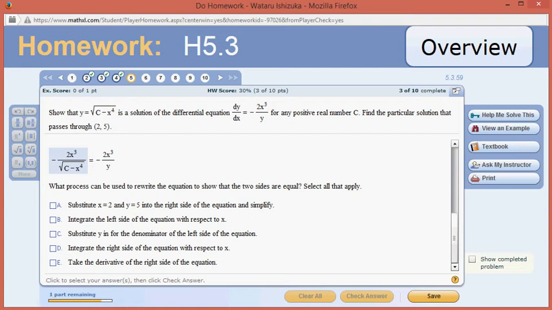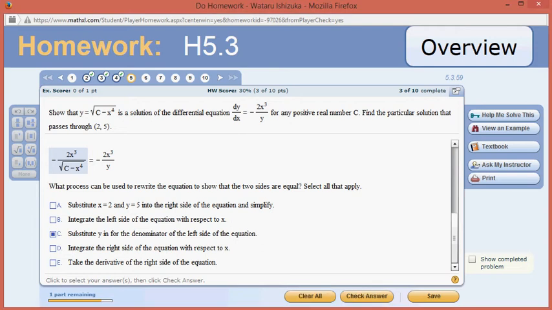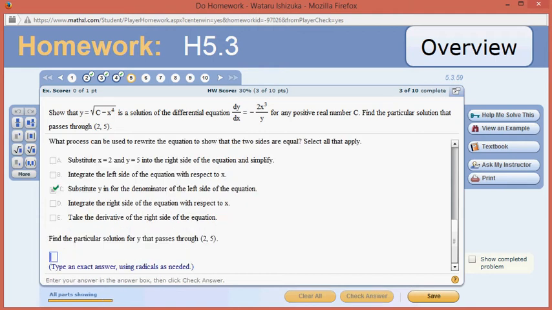Integrate the left hand side of the equation, substitute y in the denominator of the left hand side. I think it's a mistake, it should be the right hand side. Maybe I'll try that one and see how it works. Actually, they meant the right hand side, so I got that one.